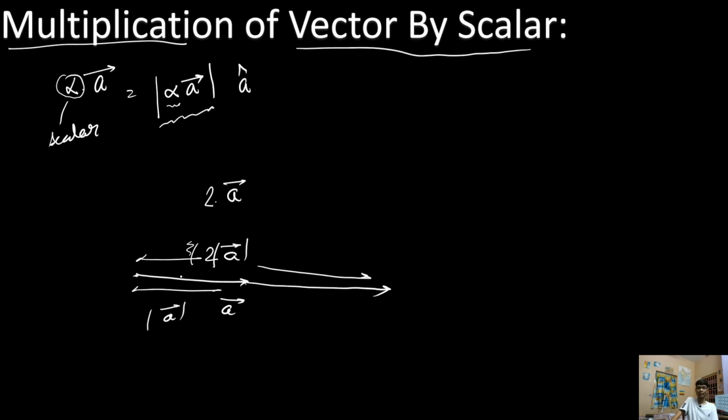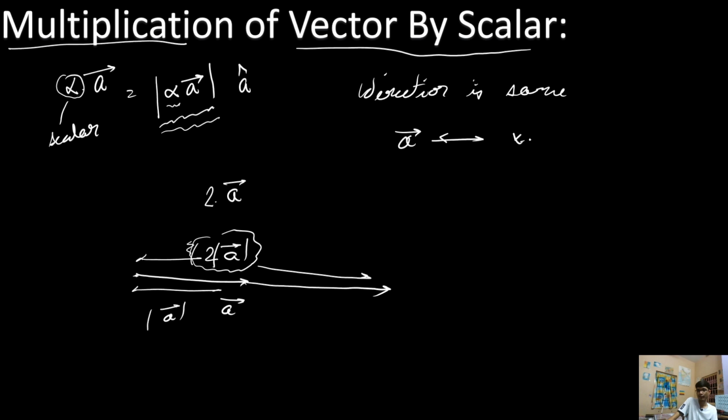If I represent this new vector as 2 times a, then the magnitude changes by alpha times, and this concept is known as multiplication of a vector by a scalar. The direction remains the same. Only the magnitude changes by alpha times the magnitude of a.